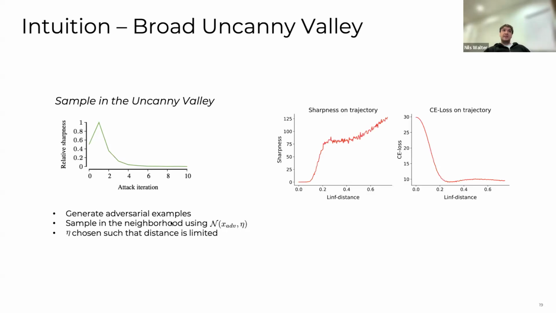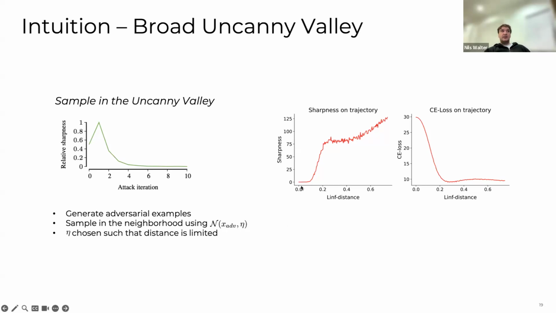In the curves that we get, I plot on the x-axis the infinity distance and on the y-axis the sharpness. Initially, it shows our intuition is going at least in the right direction: it is very flat here, up to a point of 0.1.